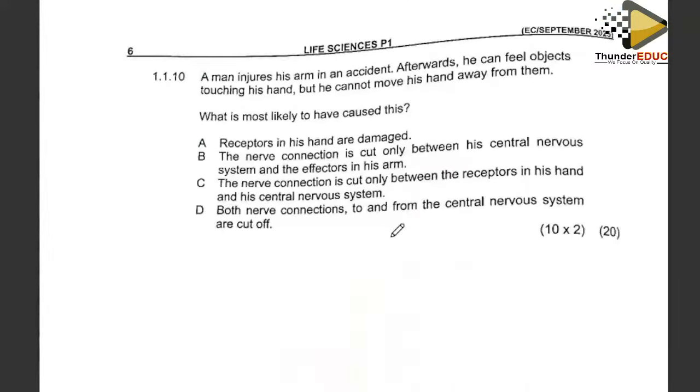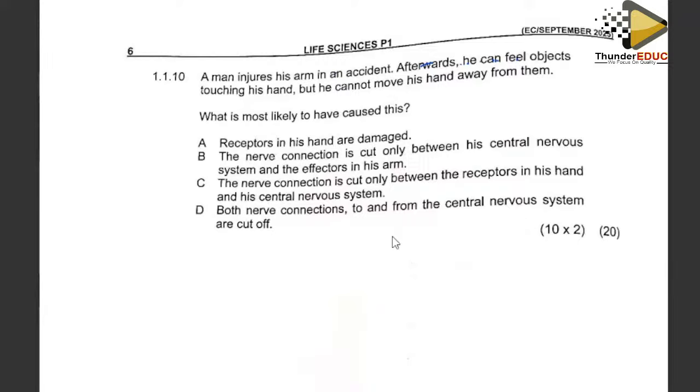Yes. And then the last question: the man injures himself in an accident. Afterwards, he can feel the object touching his hand, but cannot move his hand away from it. They're saying, what is most likely to have caused this?